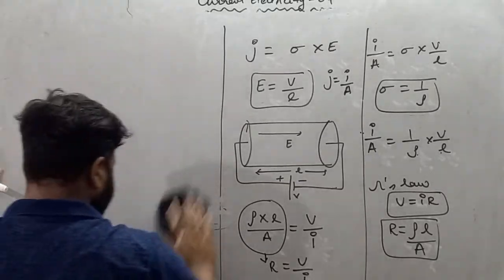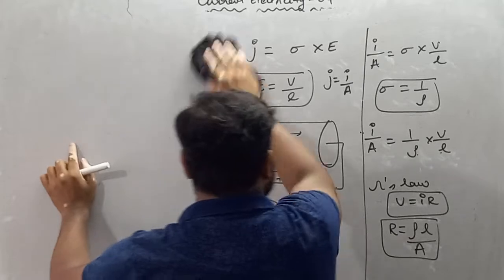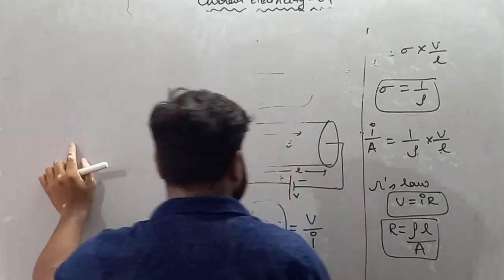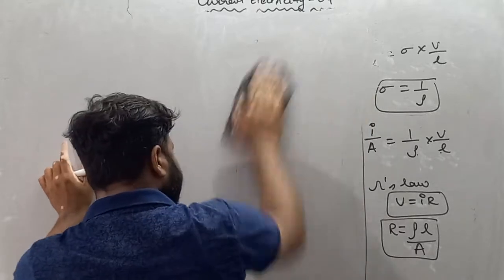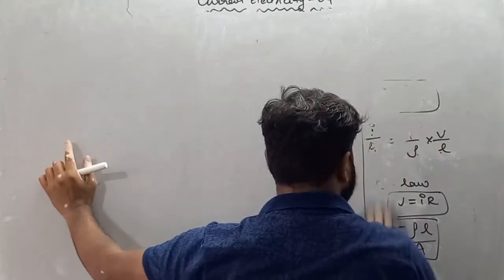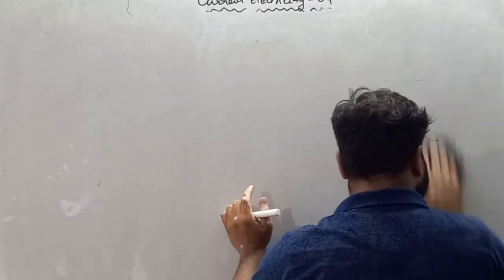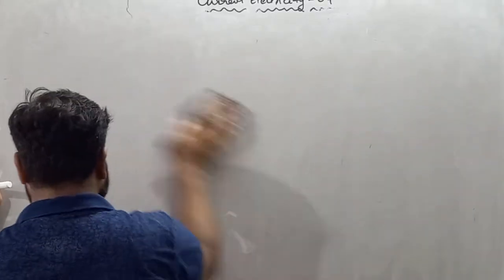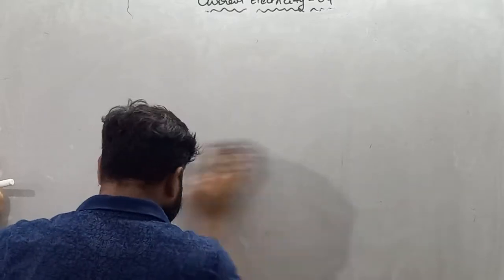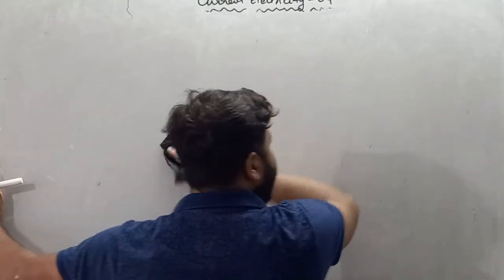So what actually is mobility? Now we'll discuss. Write down mobility. Mobility is represented by μ, my dear students.